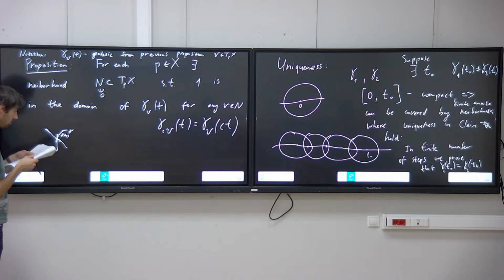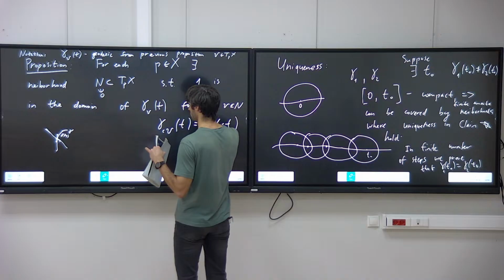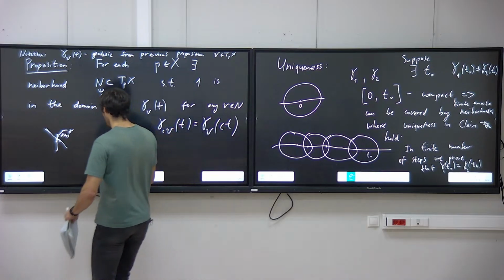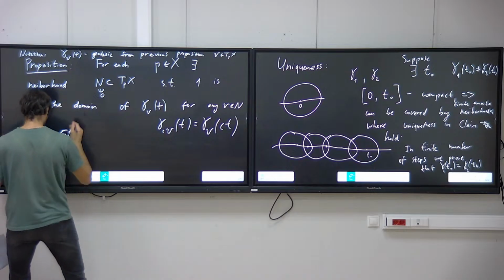So for any v in N, such that 1 is in the domain, and moreover, the map v goes to gamma_v(1) is smooth. That's where I will use my claim.